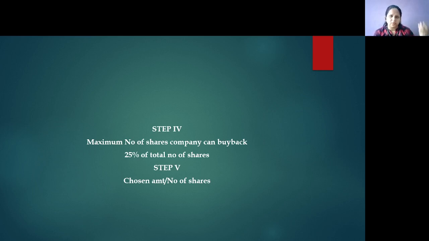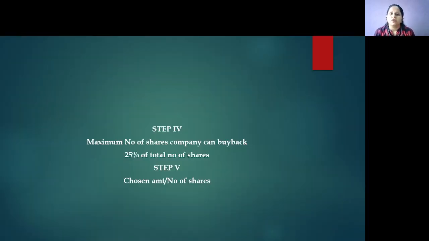In level 2, we calculated the payable amount, the chosen amount, upon which we calculated the offer price, and so we got the number of shares because the offer price was given. Here, the chosen amount upon the number of shares, because the offer price is not given and the number of shares is calculated using the rule of 25%. So we got the offer price and the number of shares also. This is how we calculate the buyback of shares when the offer price is given or not given. That is difficulty level 2 and 3. Thank you.